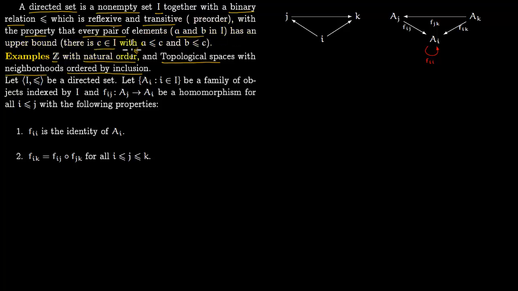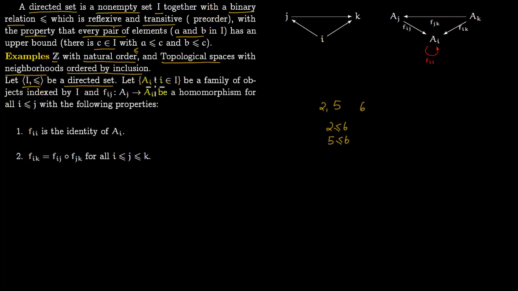So there is a C in I with A less than or equal to C and B less than or equal to C. In integers it is clear: you pick any two numbers, say 2 and 5, then I can pick the number 6. So 2 is less than or equal to 6 and 5 is less than or equal to 6. If you have something like this, then you have a directed set, and this is the pre-order.